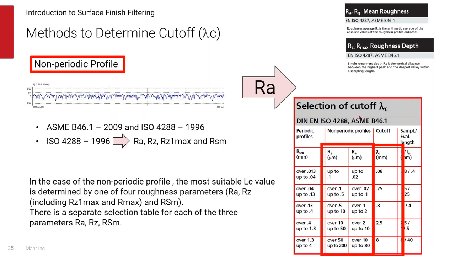So again, here's our table for selection of cutoff. Now the first one was a periodic profile. Now here's our selection for non-periodic profiles. So we can look at RZ, we can look at RA, get our measurement results, and the cutoff table will give us the correct results. So again, RA is our mean roughness, and RZ is the roughness depth of a single vertical distance over the measurement length.